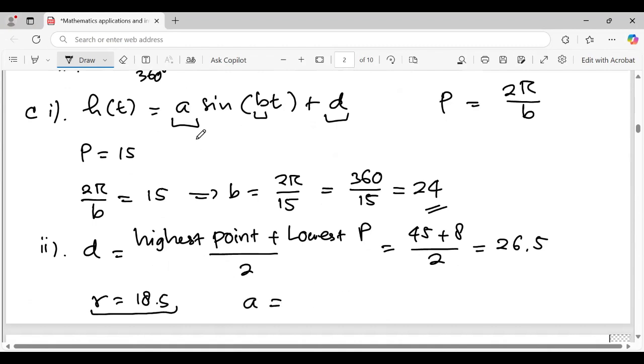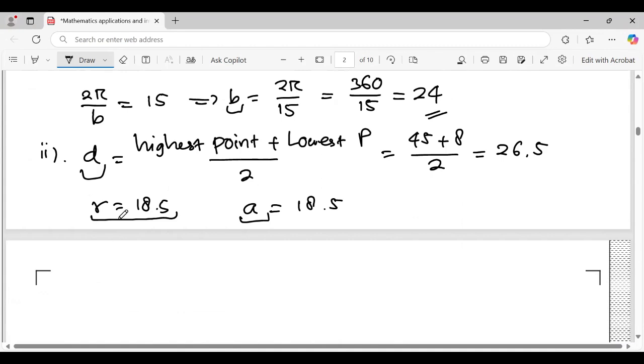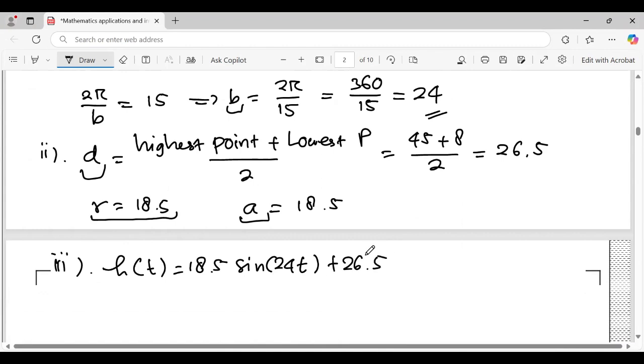So a equals 18.5. Now substitute the a, b, and d values into this equation. Part 3. The equation of the sinusoidal model is h(t) equals 18.5 sine 24t plus 26.5. This is the equation. Next question.